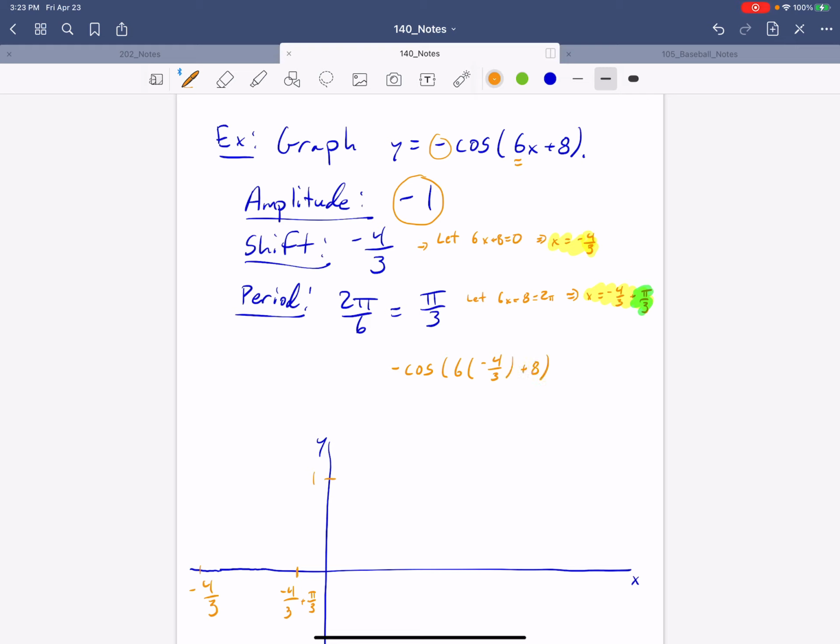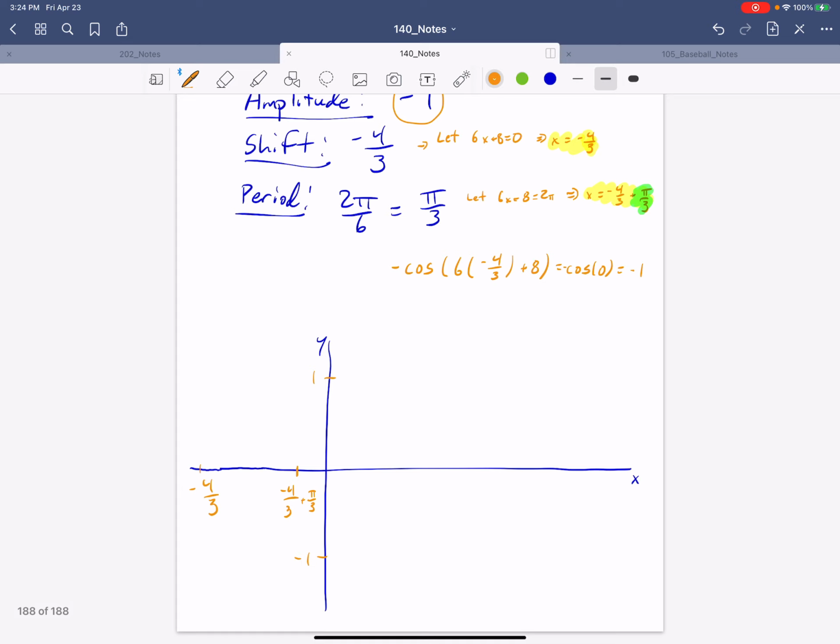Now remember, that's the same as cosine of 0. That's really what we solved for. Or I should say negative cosine of 0. So that should be giving us negative 1. And sure enough, we get negative 8 plus 8, cosine of 0. Yep, it's negative 1. So we're actually down here for this one. We're down there.